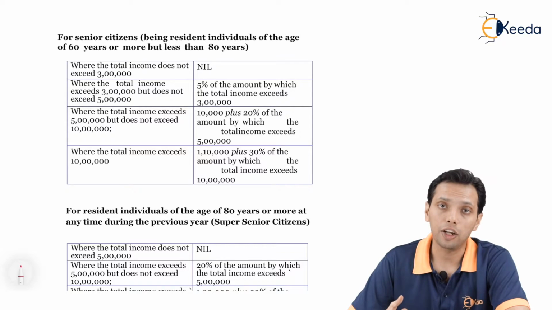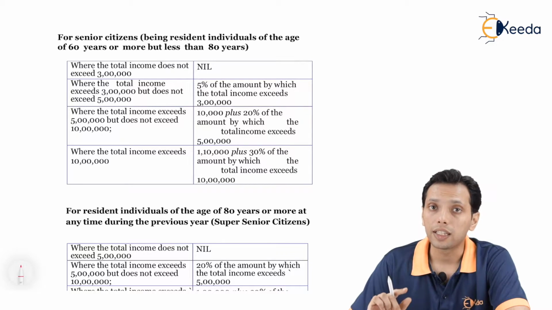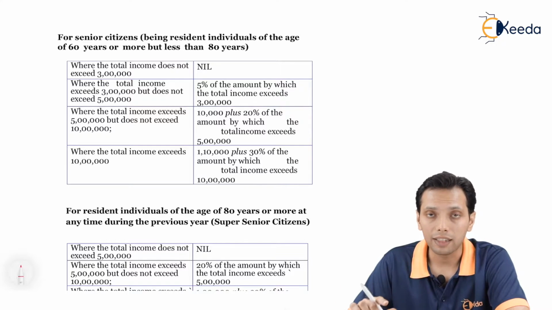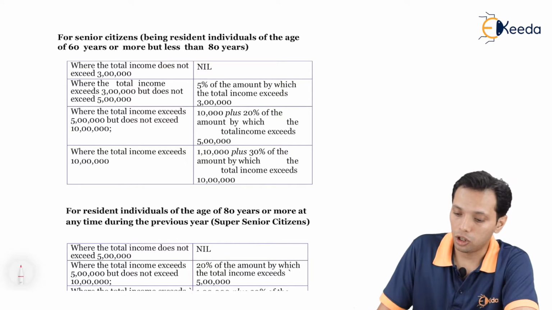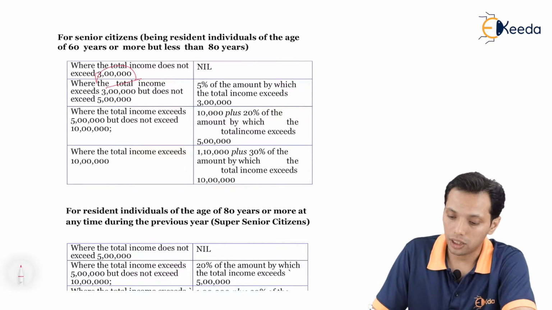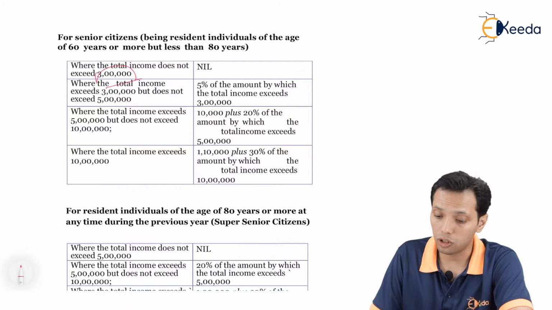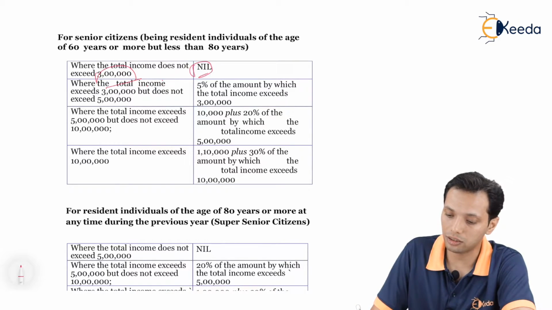Now, for resident individuals whose age is 60 years or more, the slab rate will start from 3 lakhs instead of 2.5 lakhs, and the tax rate is nil.